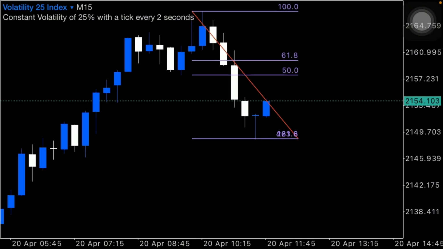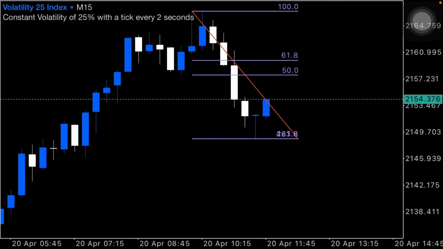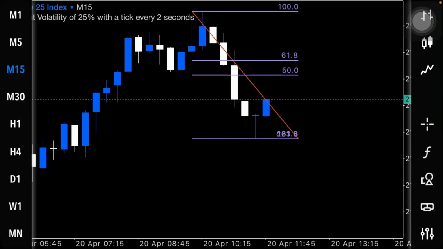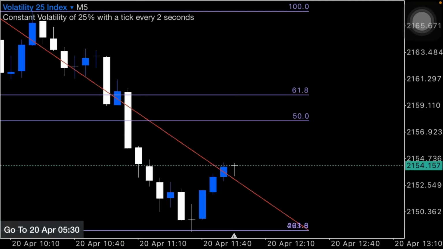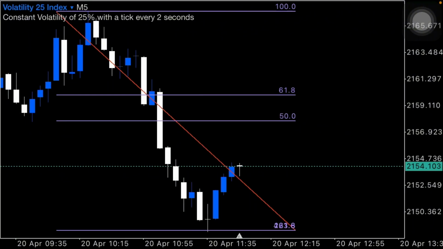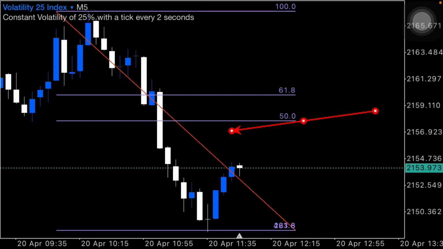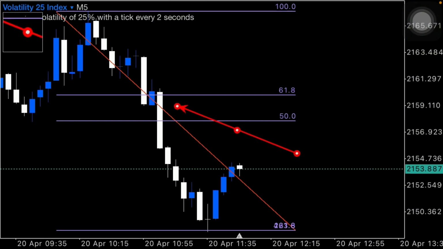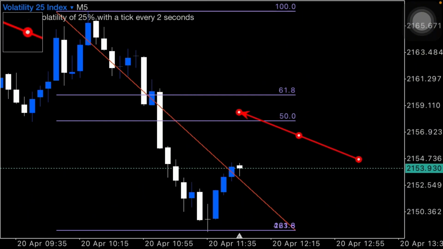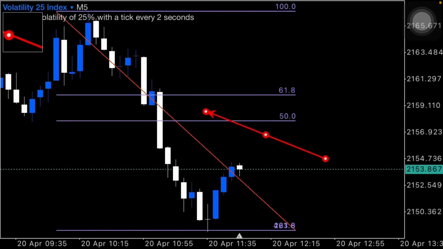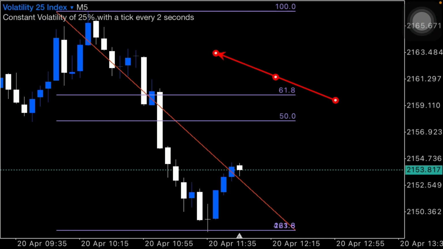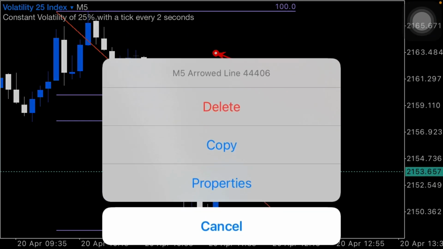So then, since I didn't see it in the 15 minutes time frame, I'm going to go to the 5 minutes time frame. Okay, so here comes an order block. Nice one here. This is an order block, and it's occurring between the 61% and 50% level, and that is exactly what I'm expecting to see.